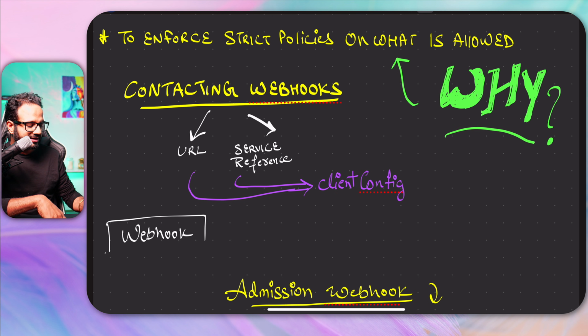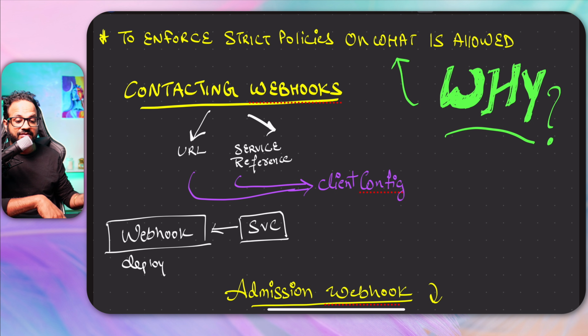This webhook will be running as a pod behind a deployment. Okay, and then you expose it with the help of a service, right? When the deployment is exposed via a service, that means it has an endpoint, right? And this endpoint can now go over here, in the service reference.